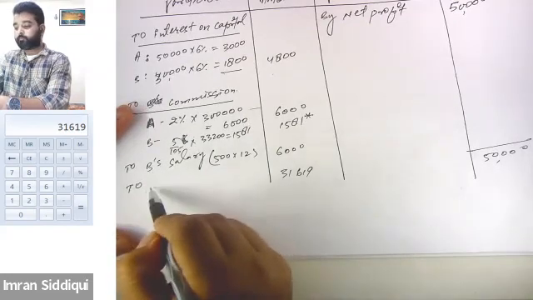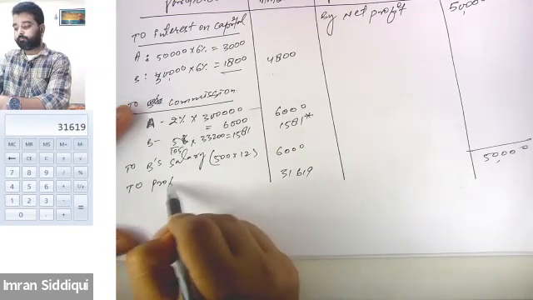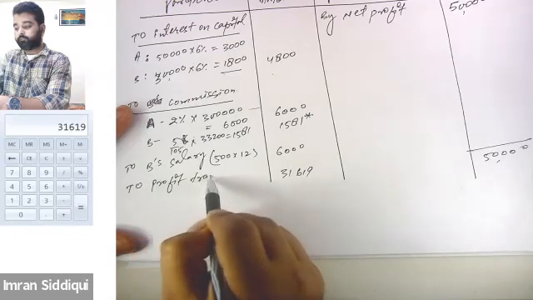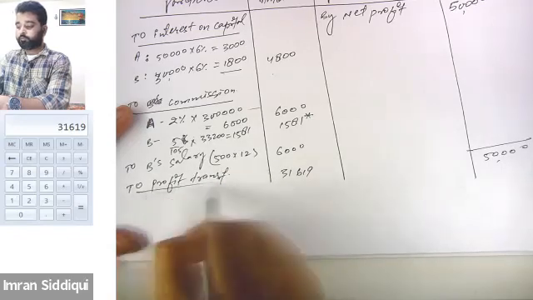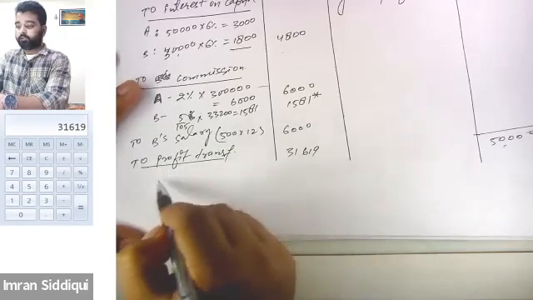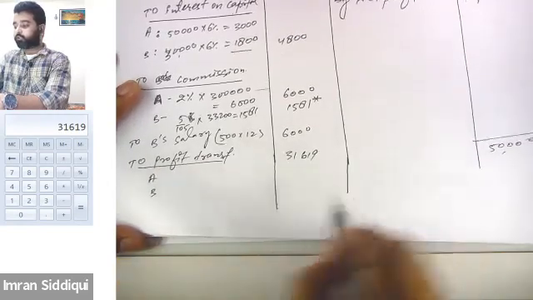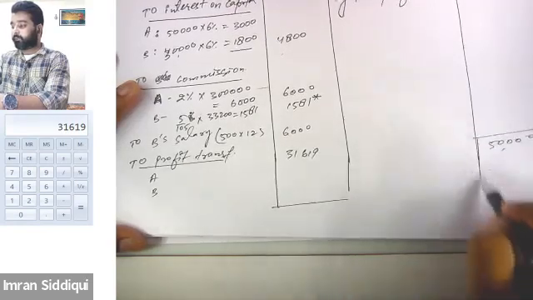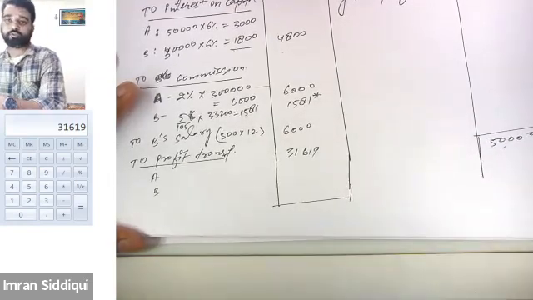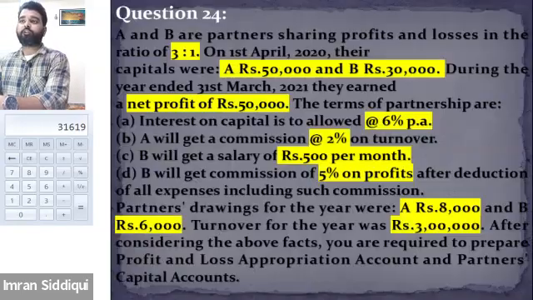So this profit will be transferred to partner A and partner B in their profit sharing ratio. So what was the profit sharing ratio of both these partners? It was 3:1, right?